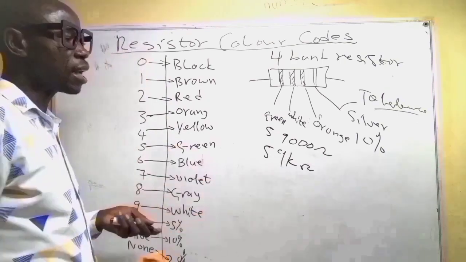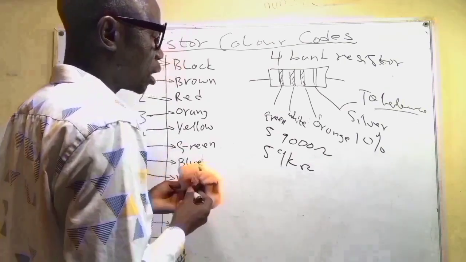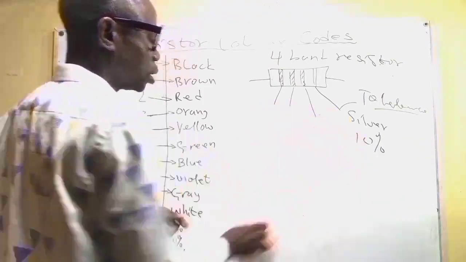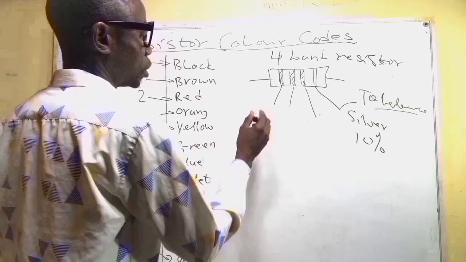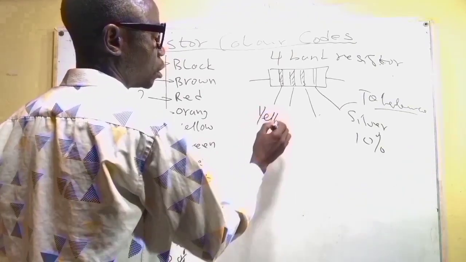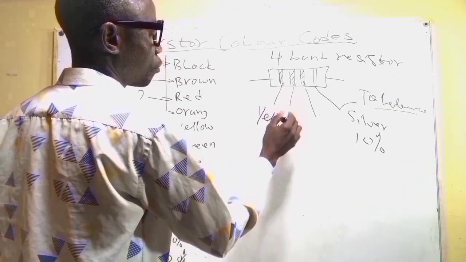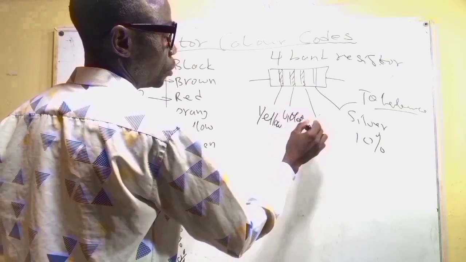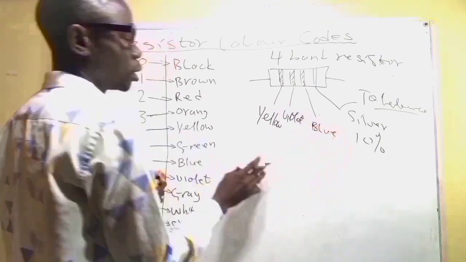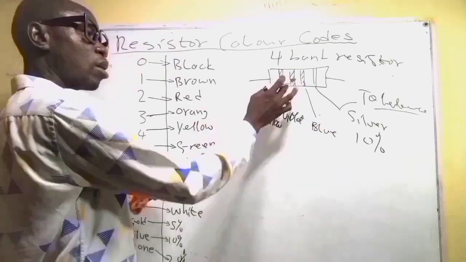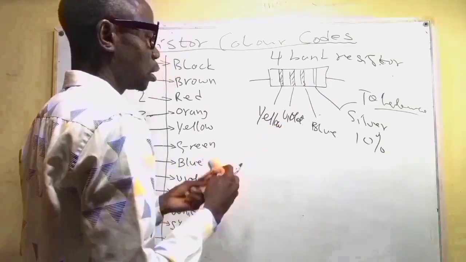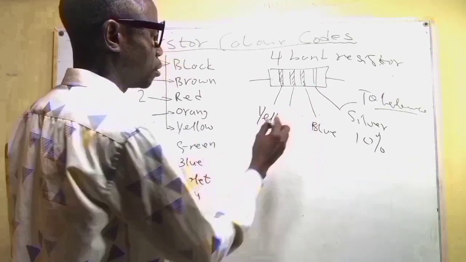So, let's consider a resistor which has yellow, violet, blue coated on it. This is the violet, as you can see.